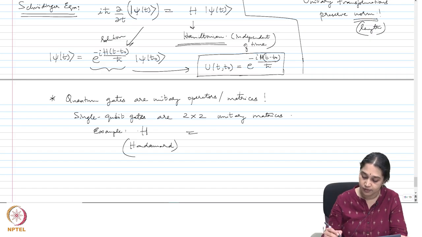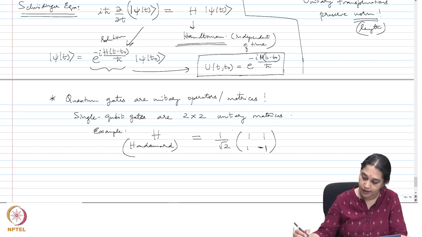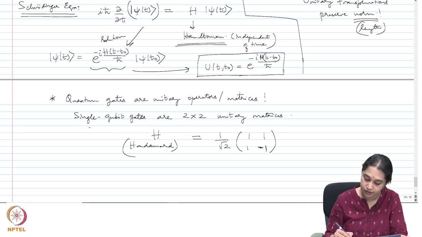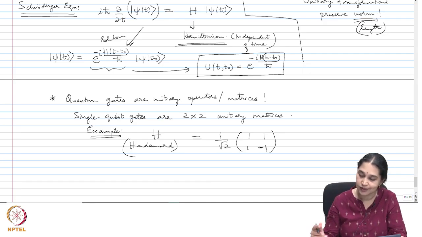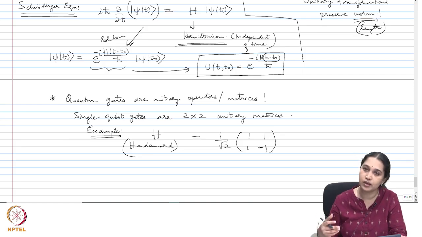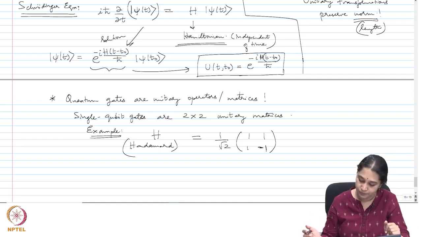And remember that the H actually had the following matrix description. It looks like 1 over root 2, 1, 1, 1, minus 1. And this is a very important gate in the context of quantum computation and also quantum algorithms. It is a gate that in some sense generates a superposition between 0 and 1, throws 0 and 1 into an equal or a uniform superposition of 0 and 1.